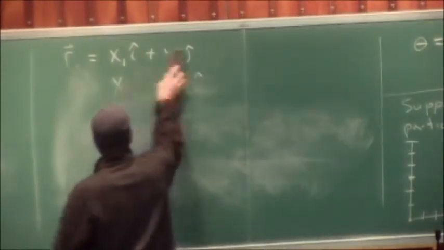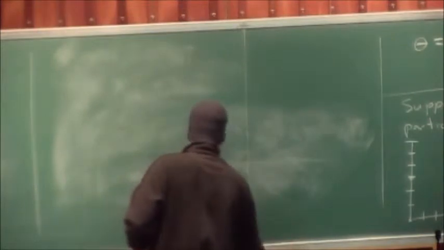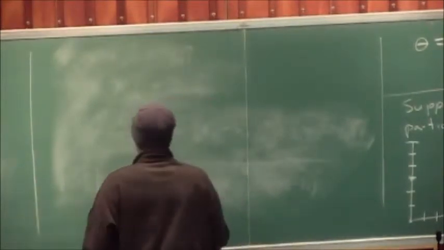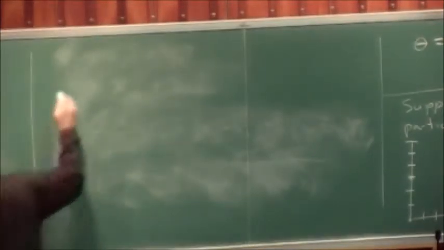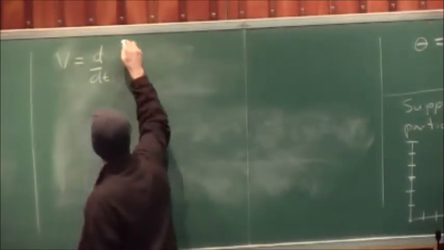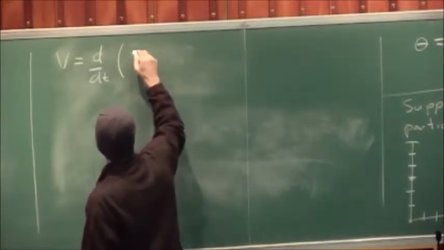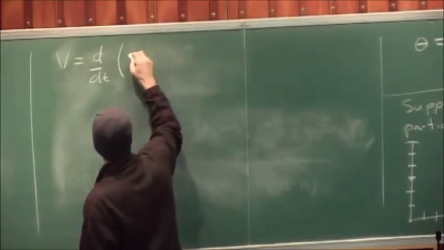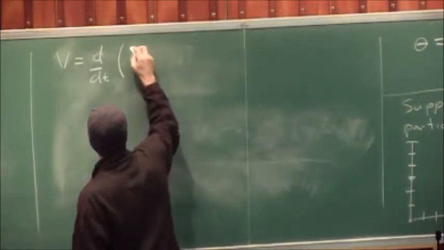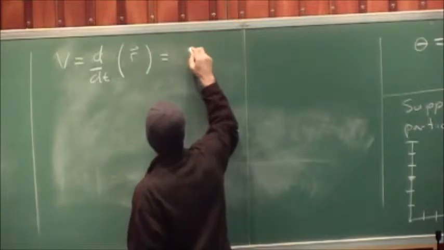So if we go back to our example we had a moment ago. If this is dr dt, then v is equal to d dt of the position vector, for example r.